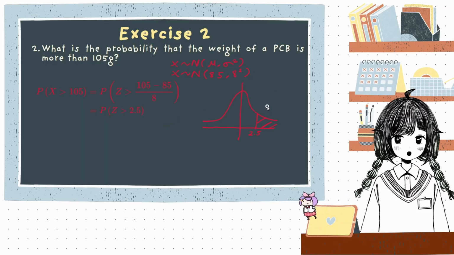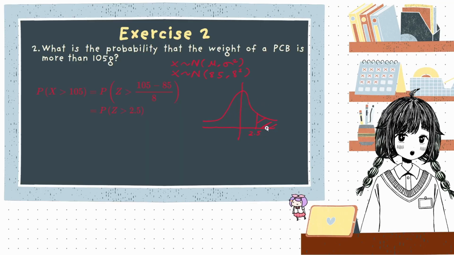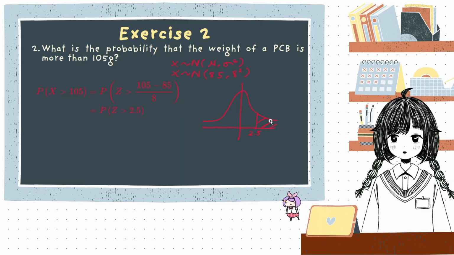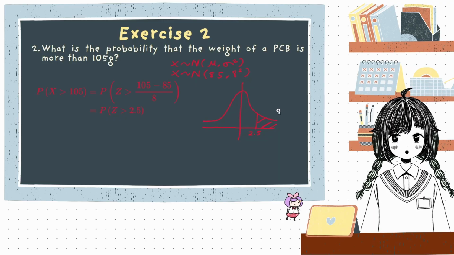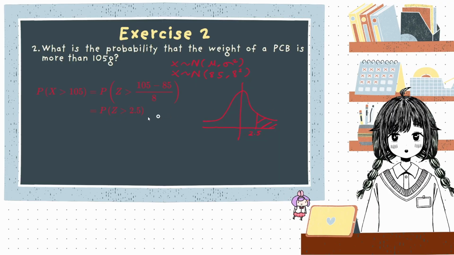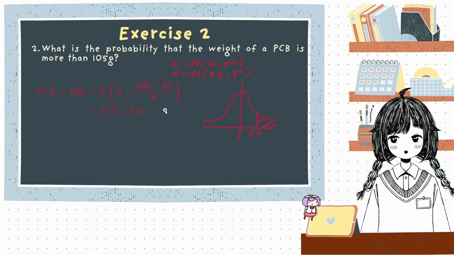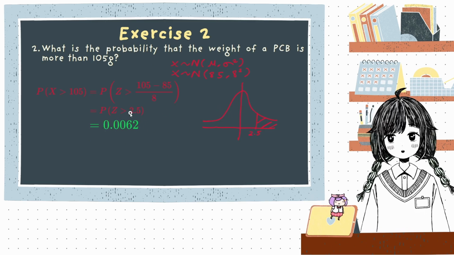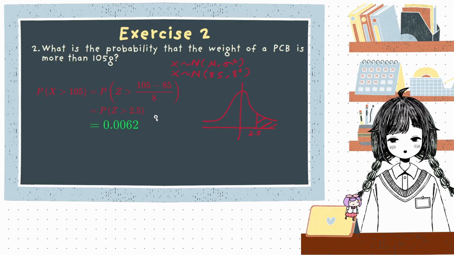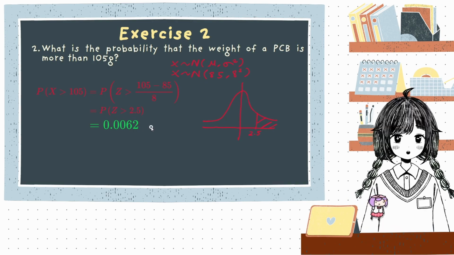This is its graph. We can straightforwardly use the Z table. Also, a reminder again that more than and more than or equal to can be solved the same way in a normal distribution as it is continuous. So moving on, from the Z table, 2.5 is 0.0062.